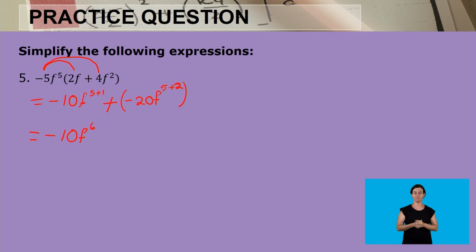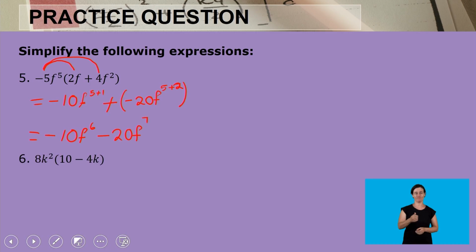And we are adding a negative number, which is the same as adding its additive inverse. So adding a negative number is the same as subtracting its additive inverse. So there we are going to say minus 20f, and the exponent there is going to be a 7.